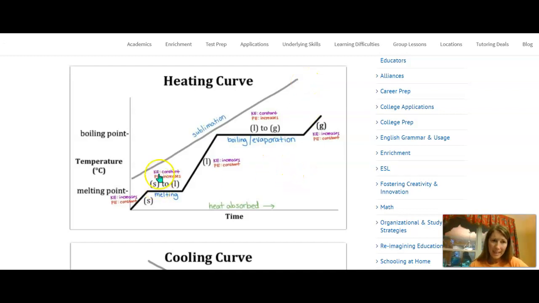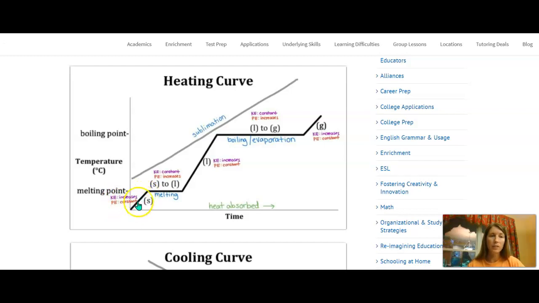Okay, the KE and the PE here, you do need to pay attention to what these mean. Again, I highly recommend drawing this out. You might draw it out a few times just to make sure you got it down. So right here, the KE stands for kinetic energy. And notice kinetic energy increases during the state of matter. When there's a temperature increase, kinetic energy increases.